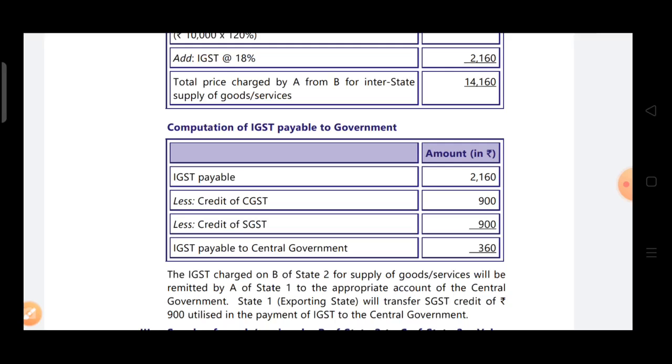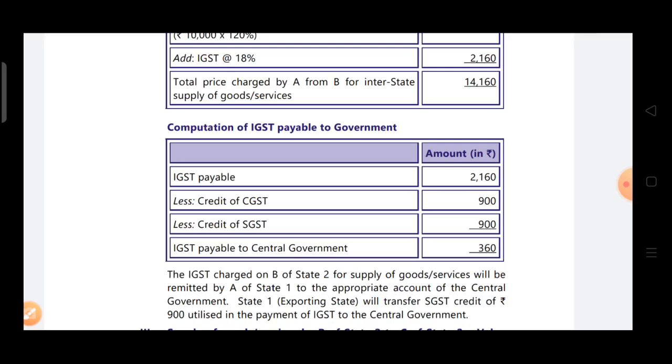So IGST payable 2160 minus CGST 900. Then SGST credit. What was the rule for SGST credit? SGST credit was utilized for payment of SGST payable, and after SGST payable is exhausted, means if it's paid fully, then we'll pay IGST. So as in this sum there is no SGST payable, we'll pay IGST.